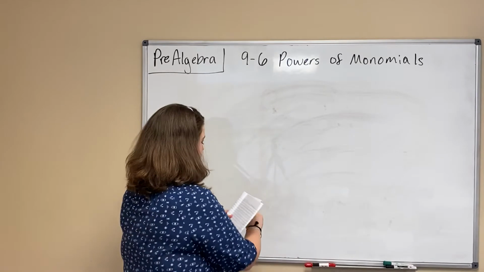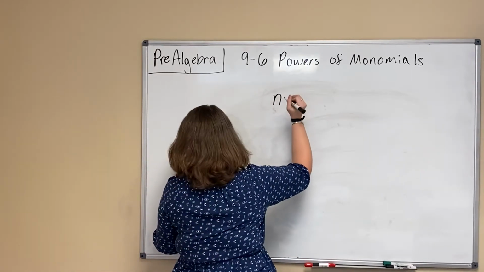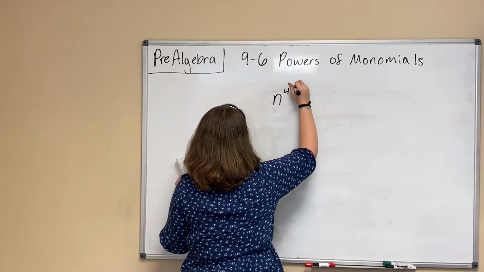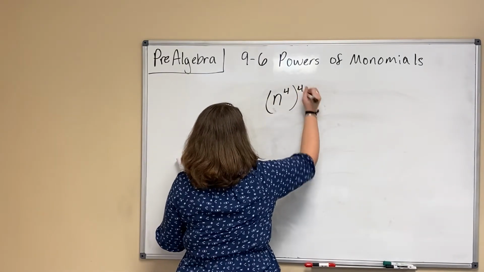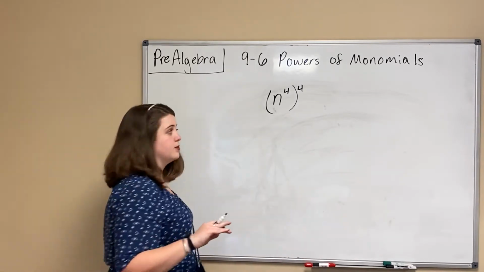Okay, so that was with a number. What happens if I have a variable? n to the fourth to the fourth. Well, I just take it just like I did with the 2.